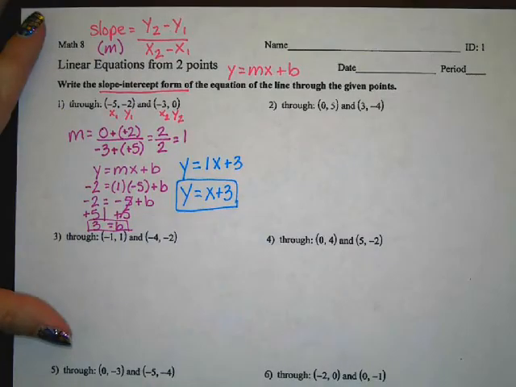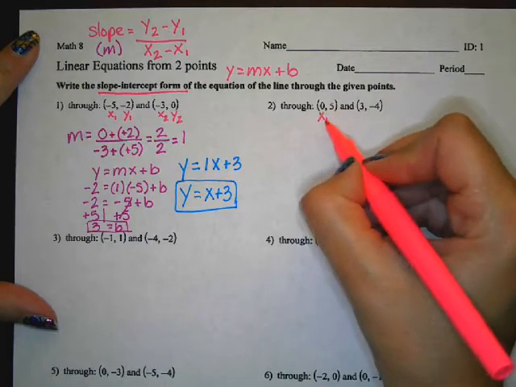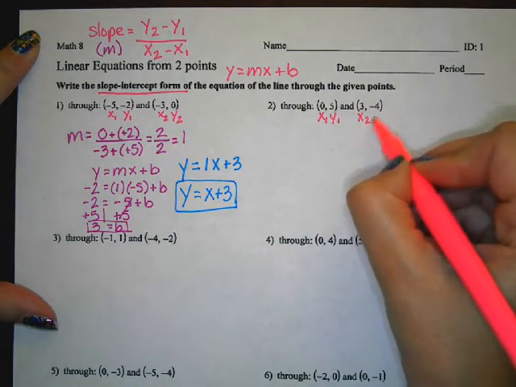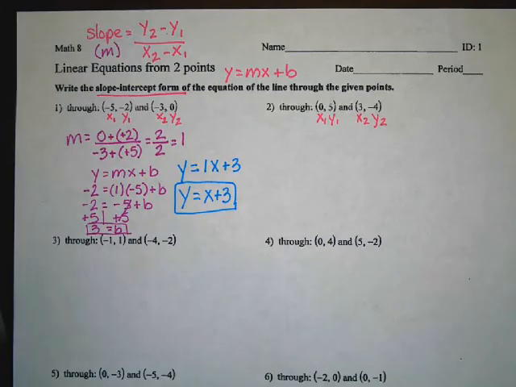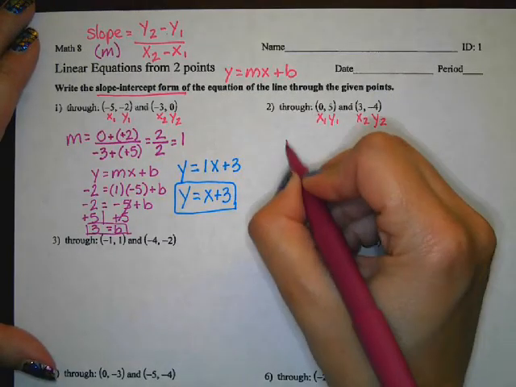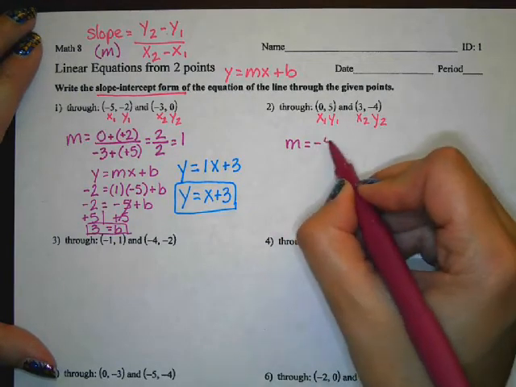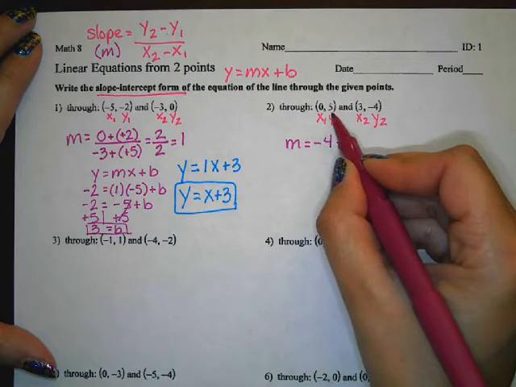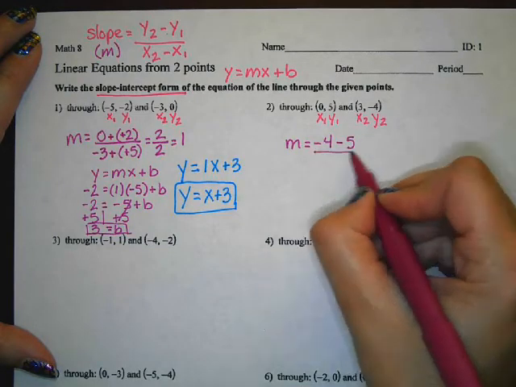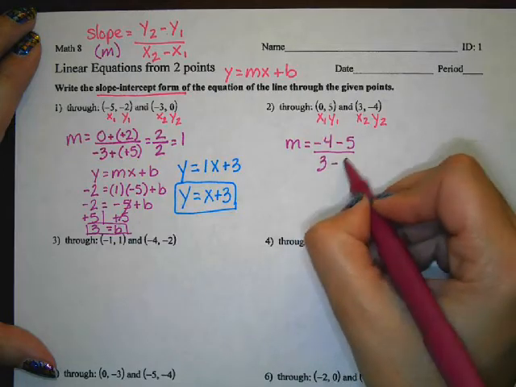For the second one, again, you're going to identify your x and y. So we have an x1 and a y1, an x2 and a y2. We're going to use our slope equation to find out what our slope is based on these 2 points. So our slope, or our m value, is going to be equal to y2, which is negative 4, minus y1, which is 5, divided by x2, which is 3, minus x1, which is 0.